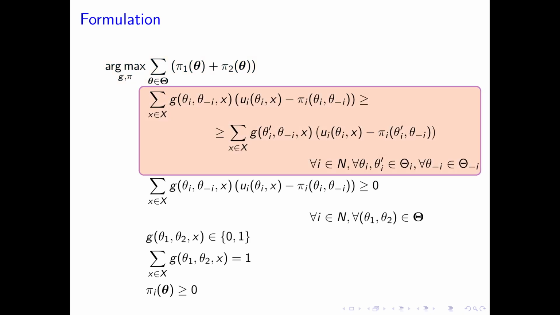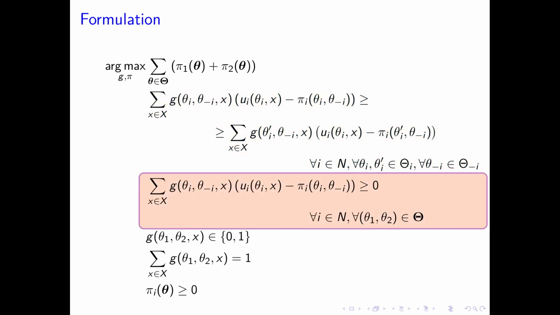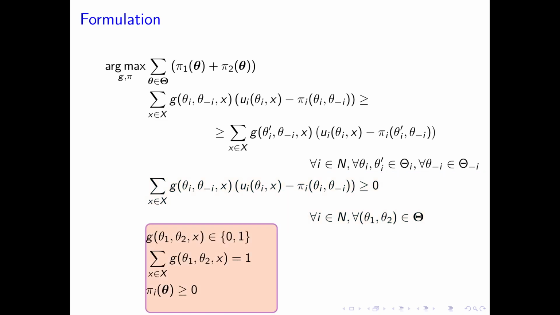The first family of constraints enforces dominant strategy incentive compatibility. Then we model ex post rationality, and finally we want exactly one outcome to be selected for each pair of reported types and the payments to be non-negative.